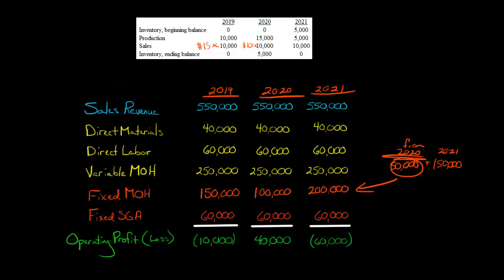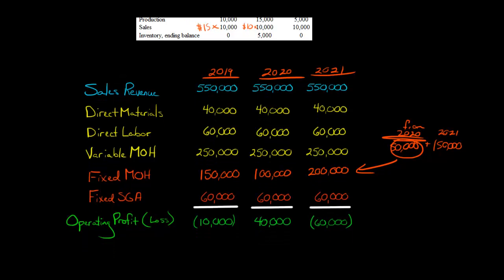This doesn't seem to make sense. And this is why a lot of people like variable costing, because if you did variable costing, it would just be 150,000 of fixed manufacturing overhead expensed every single period. So this wouldn't be 100, it'd be 150. This wouldn't be 200, it'd be 150. So if you did variable costing, you would have a loss every period of 10,000.